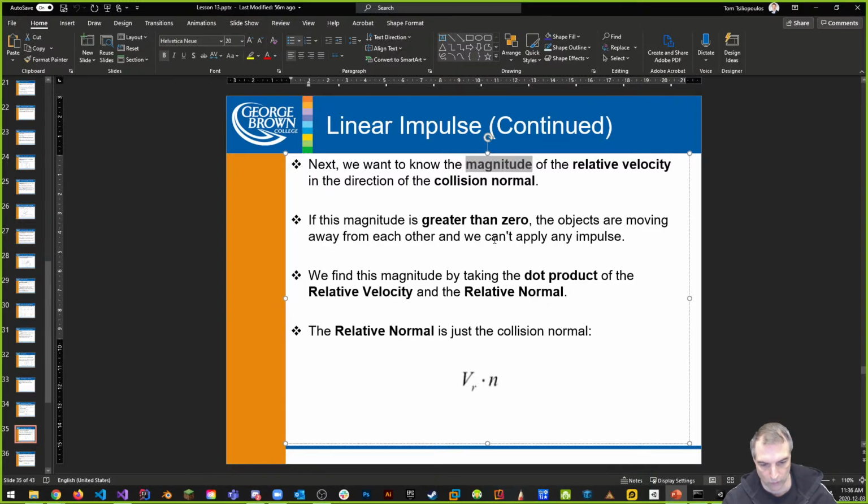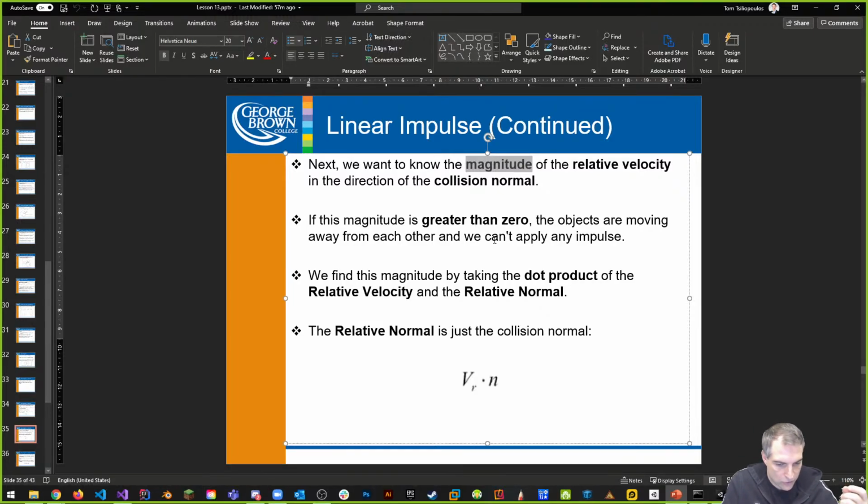And the relative normal is just the collision normal. So if I have the collision normal, I know where I'm coming from. Almost like, think about this as the angle of attack as an example, right? So an object is coming inbound at a specific trajectory, right? It's going to hit another object. That is going to be the collision normal, the angle that the object is moving in. Right?